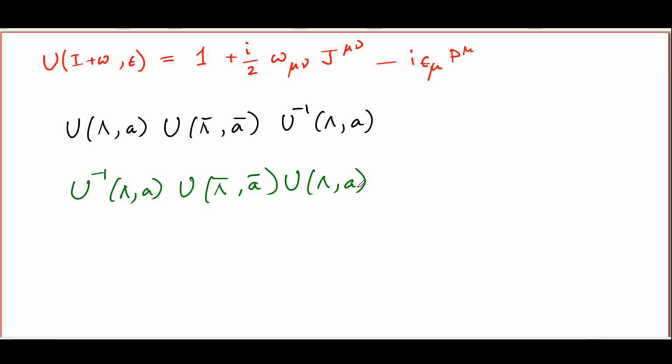In fact, you would easily be able to recover one from the other just by replacing U lambda A by U inverse lambda A. So there is really nothing much of a huge difference between the two approaches. But the reason why I want to take a look at this object, rather than what Weinberg looks at, is the following.